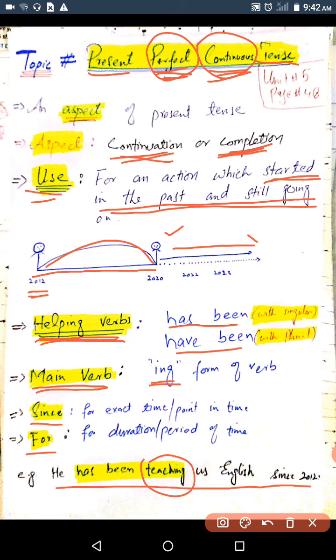If there is just a period of time like 10 years, 5 years, 5 minutes, 5 days, etc., then you have to use for. So these two show time.